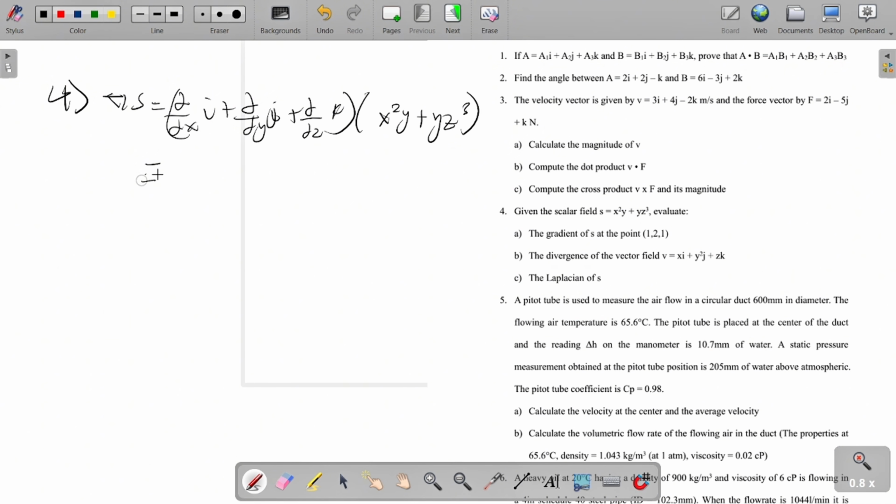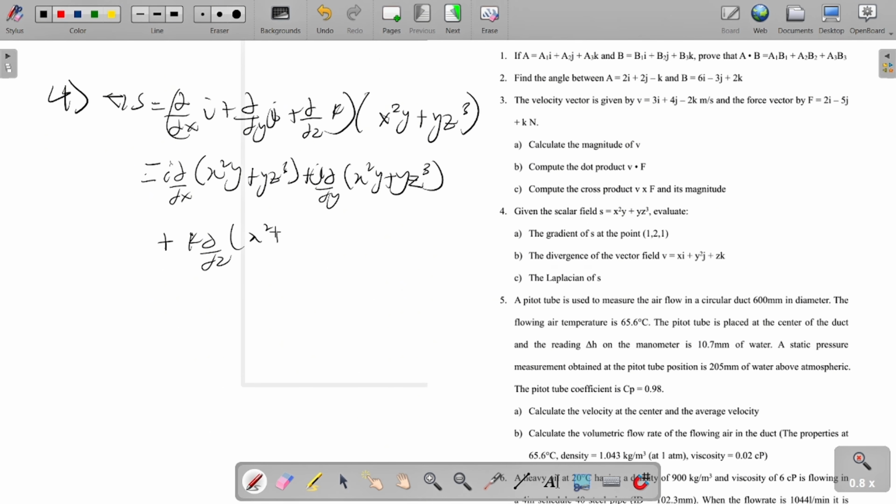So I'm finding the gradient of this scalar field. The meaning is that I'll have i del x operating on that scalar, then plus j, del y also operates on that same scalar, then plus k, that also operates on the same one.